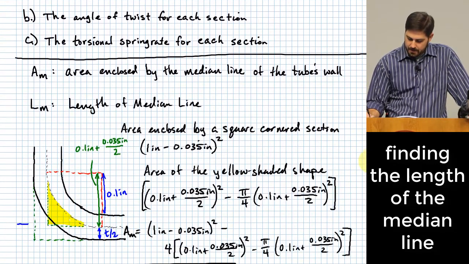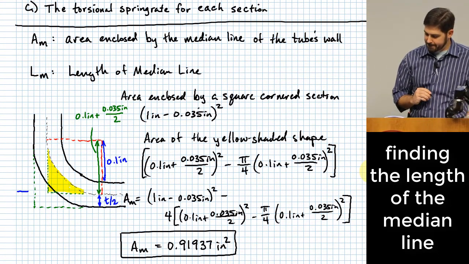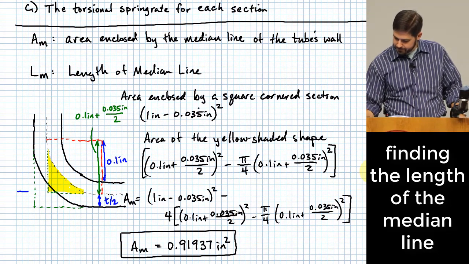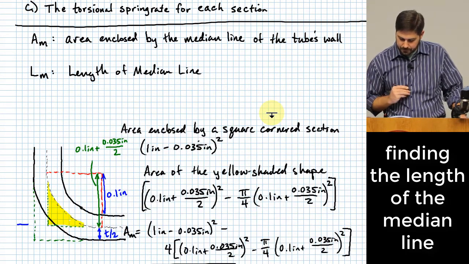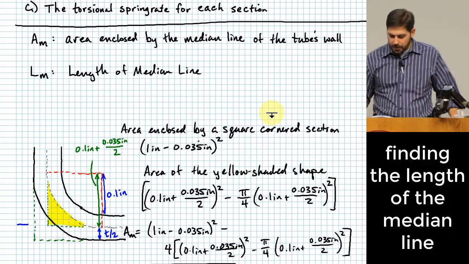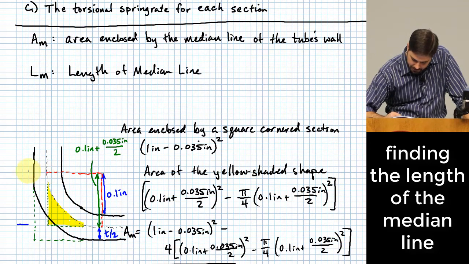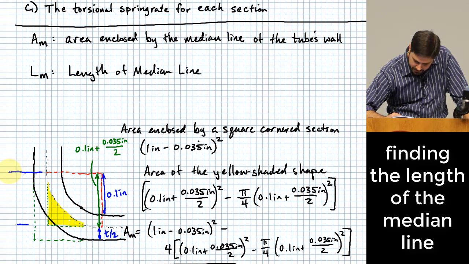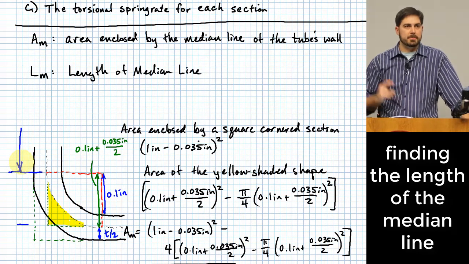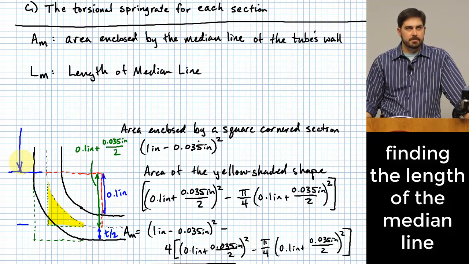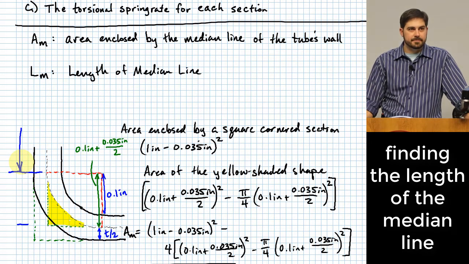All right. What about the length of the median line, L sub m? What we need to do there is, first thing we need to do is determine, if we basically define a line right here and figure out what the length would be up to a similar line on the other corner, we have 4 little line segments that are that long.